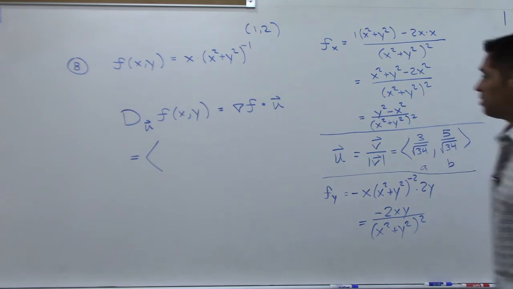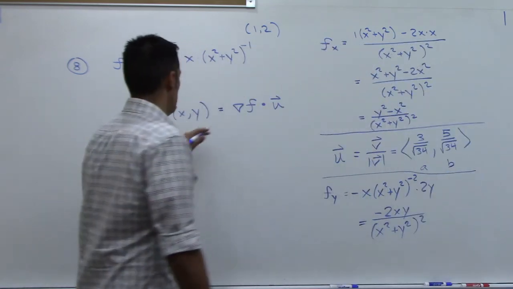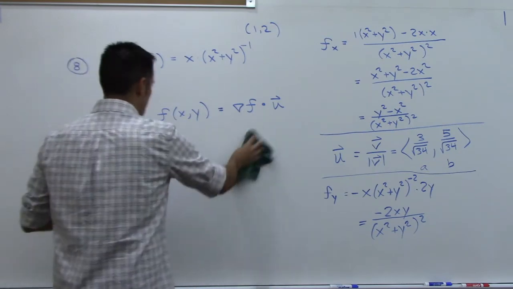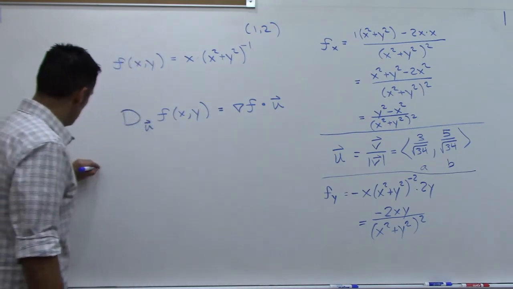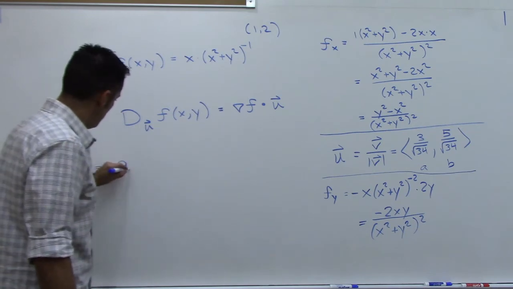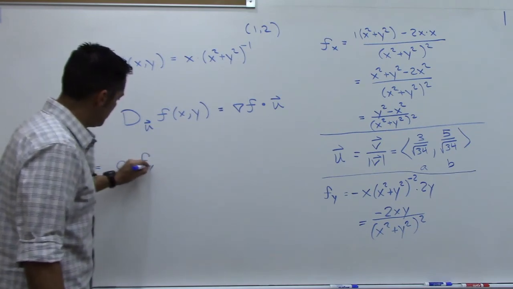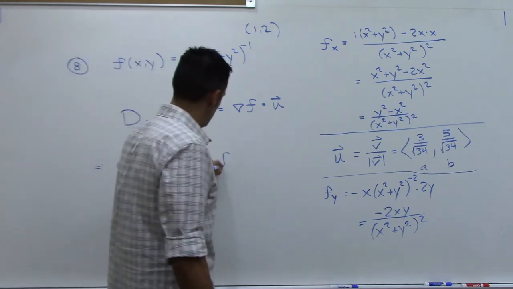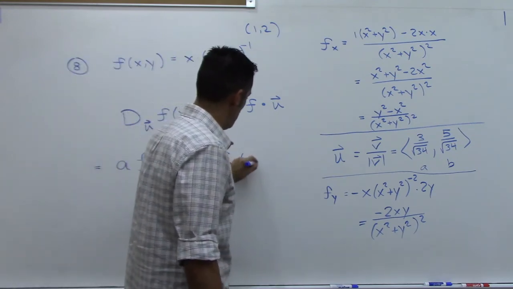All right, so this will be the gradient of f dot u. We know what this formula turns out to be. I think I'm going to write it down first. It's a times the partial of f with respect to x at (x, y) plus b times the partial of f with respect to y at (x, y).